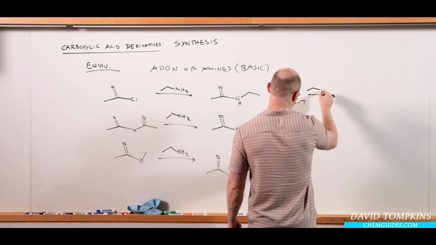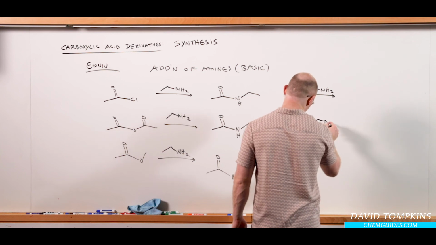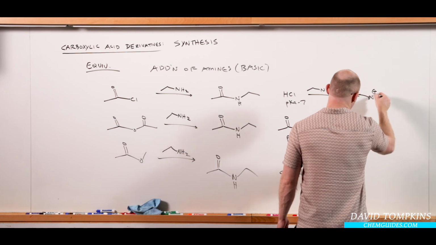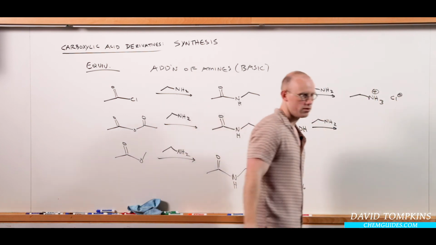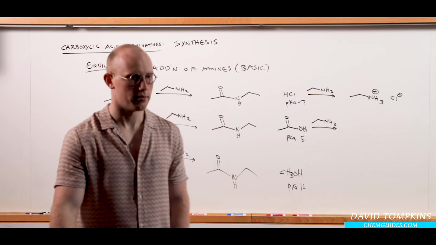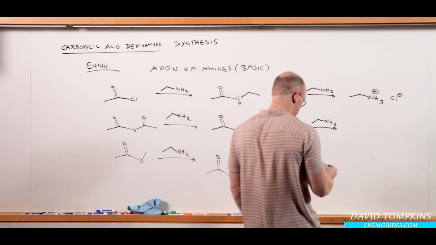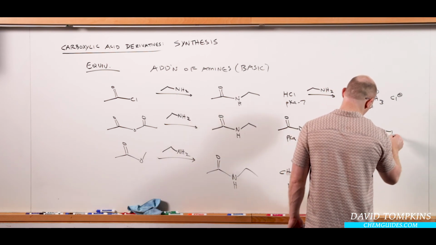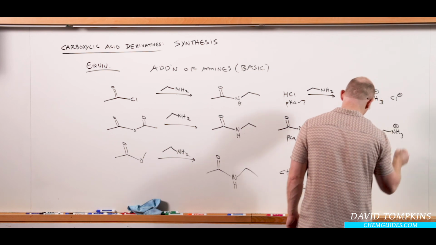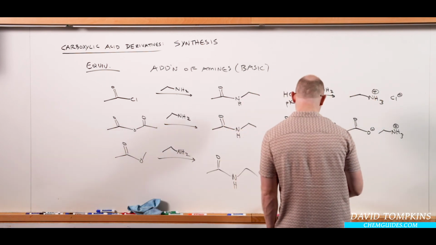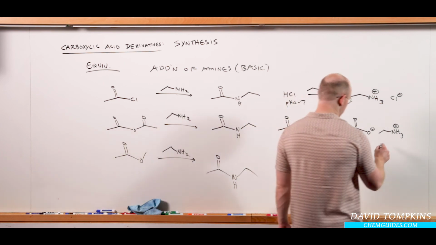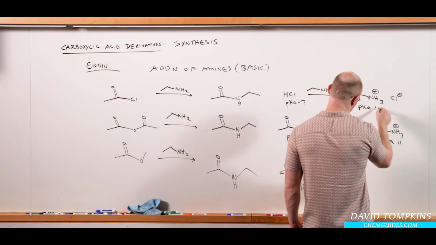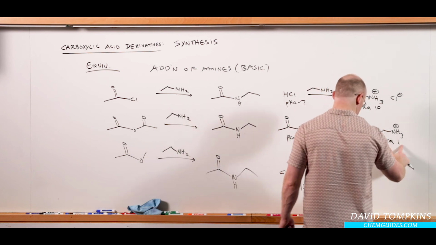And so what will happen is you'll end up protonating any of your amine that has not undergone addition to the carbonyl yet. It'll deprotonate acetic acid. And the pKa of the ethyl ammonium ion is around, let's say 10, but I think it's between 10 and 11.